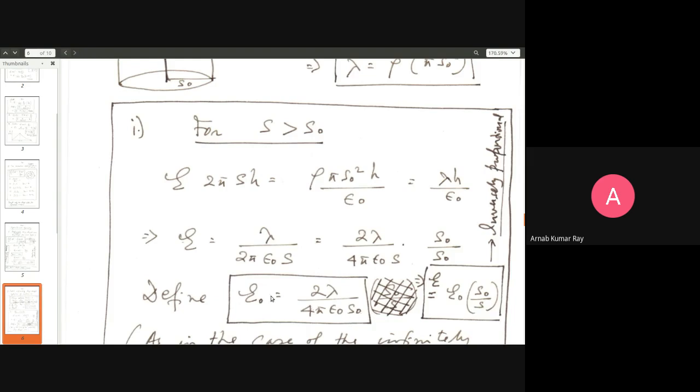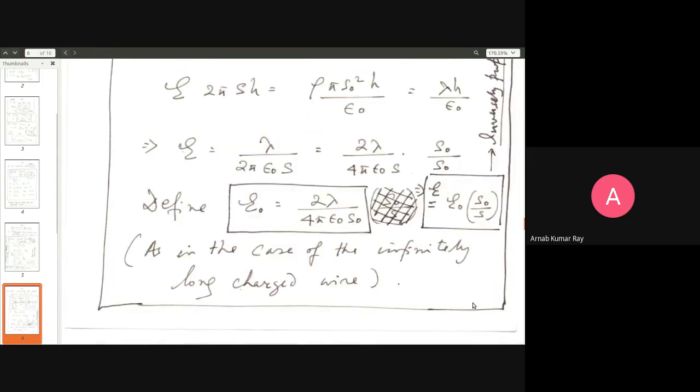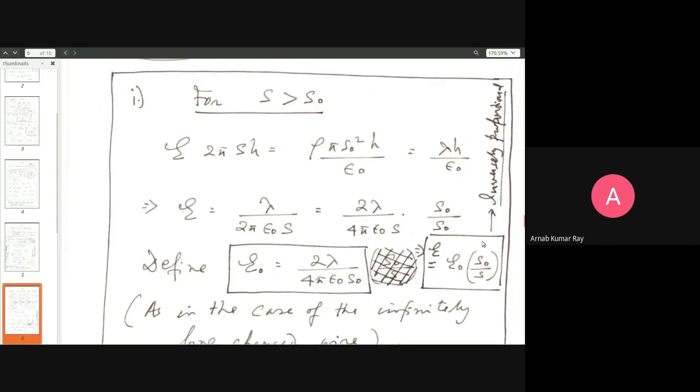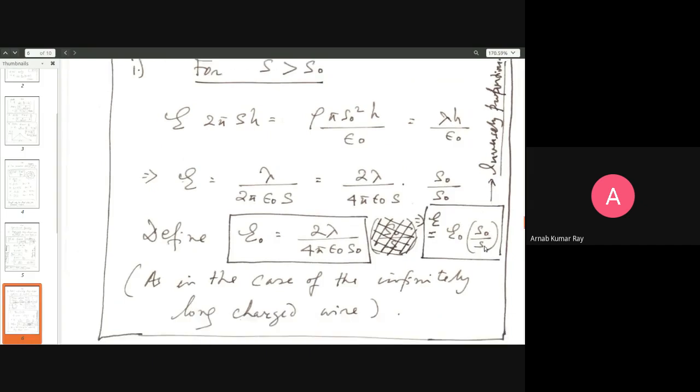That's how you're defining E naught. And so E here will be equal to this E naught into S naught by S. So you can see that the electric field outside the cylindrical configuration goes off as 1 upon S, inversely proportional to the distance.